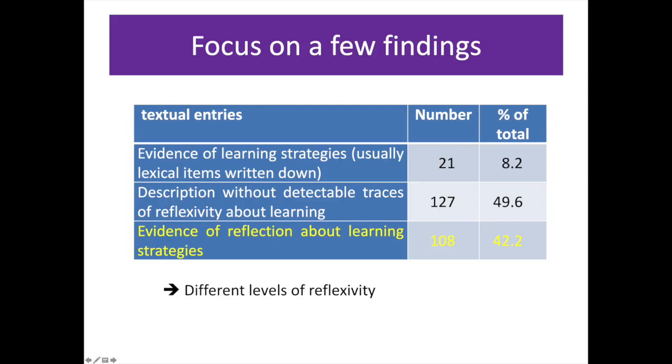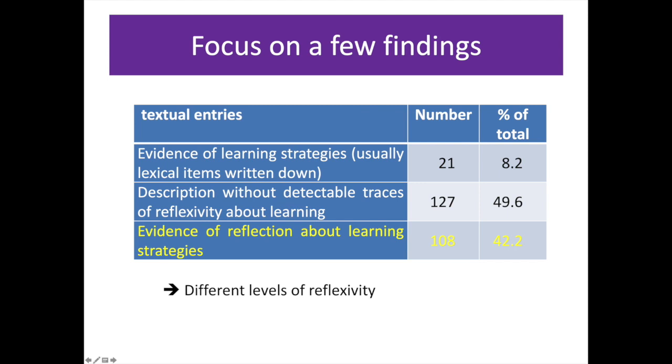Right, I'm not going to present all the findings. If you're interested, I can send you the article that's in print at the moment, so I'd be happy to share this with you. Just a few findings. The first one I'd like to stress is a quantitative finding.